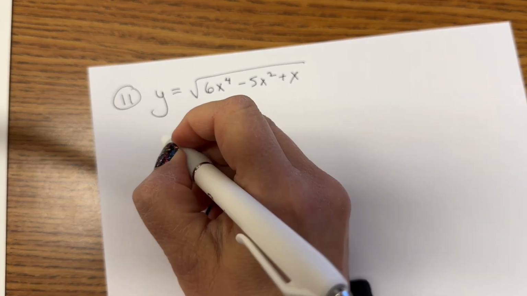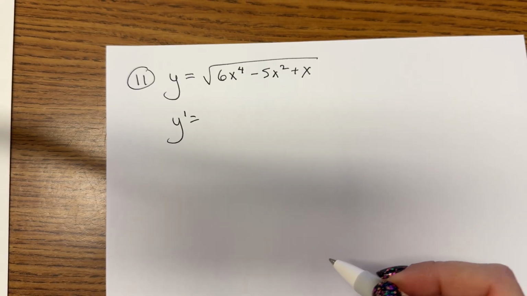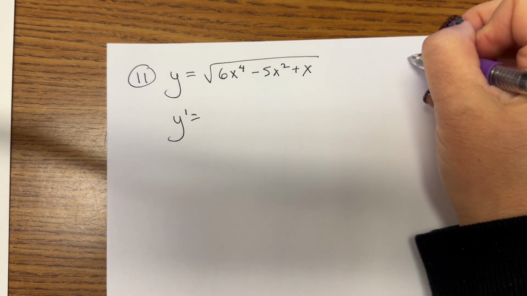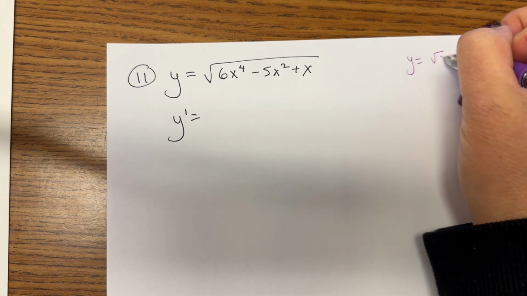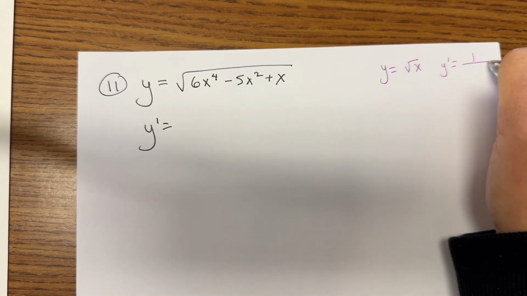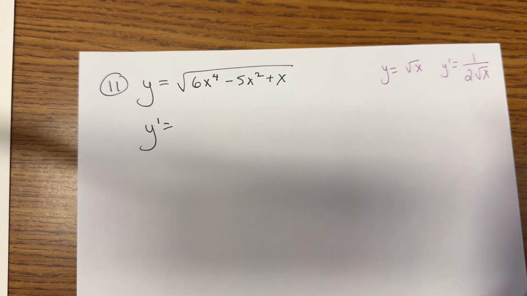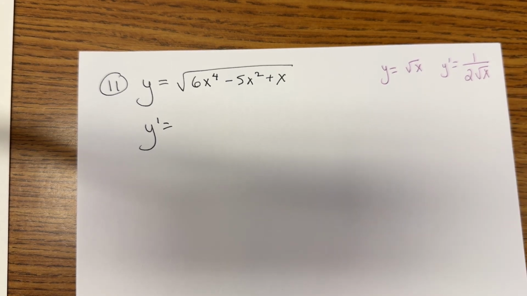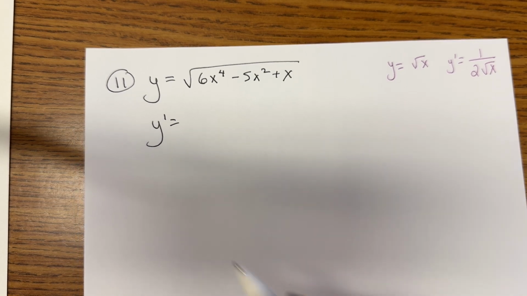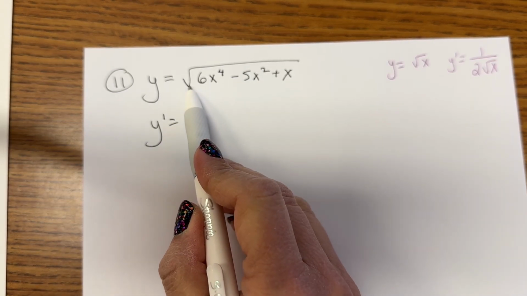For the chain rule, we do the derivative of the outside. And one derivative I have memorized is that the square root of x will have a derivative of 1 over 2 root x. Put that on your note card, memorize it. It's just better, easier, faster than doing the power rule with the 1/2 power. So the outside function here is square root.